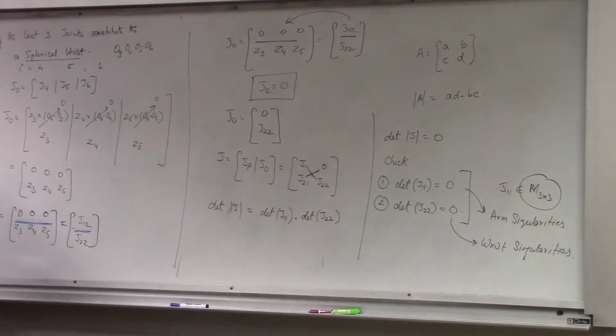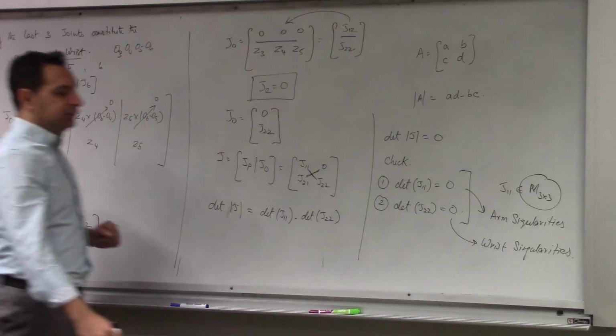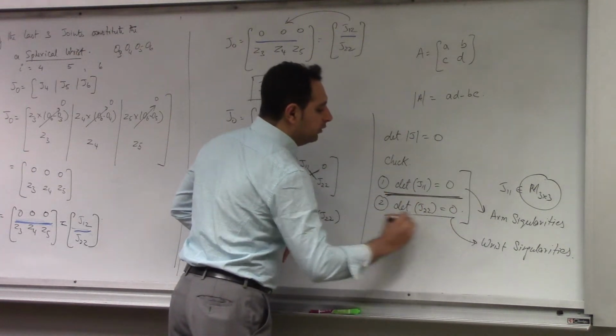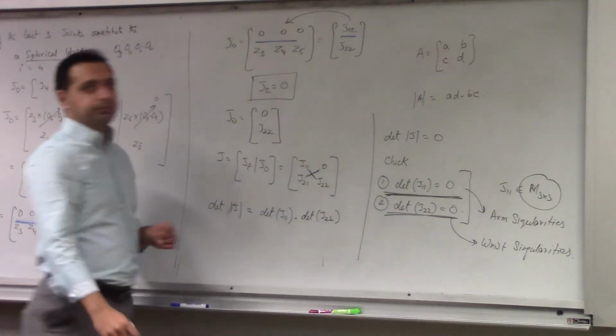Once you set up a Jacobian, you can take only the top part, find when this is equal to 0, and then this. Once you take the union of the two, that will be the list of all the singular postures. This will give you arm singularities, and this will give you all the wrist singularities.